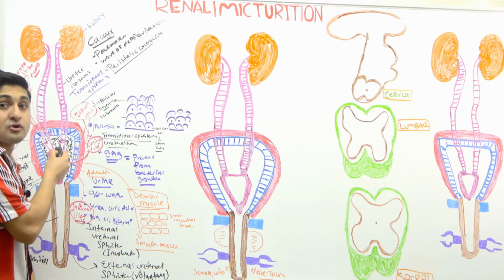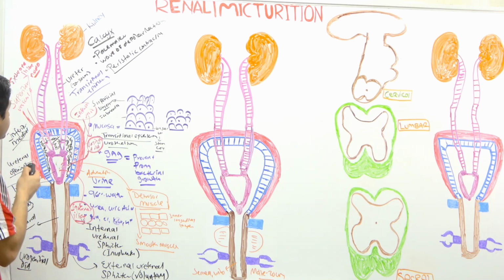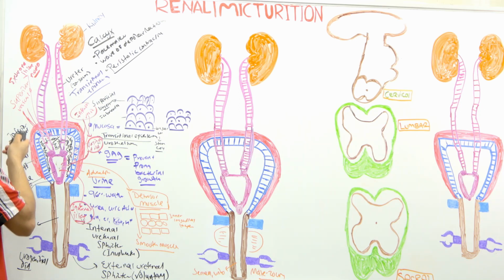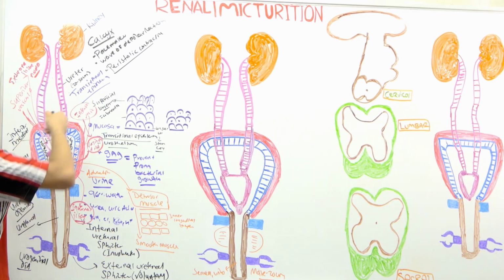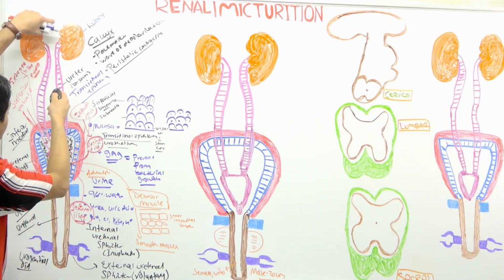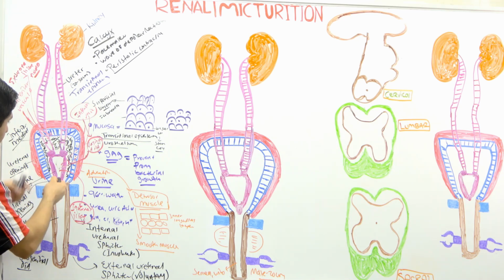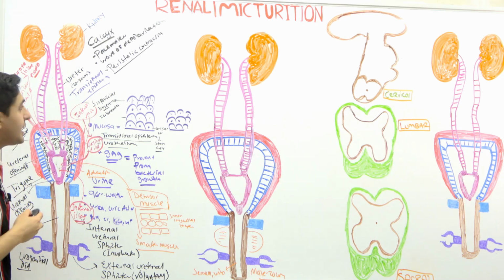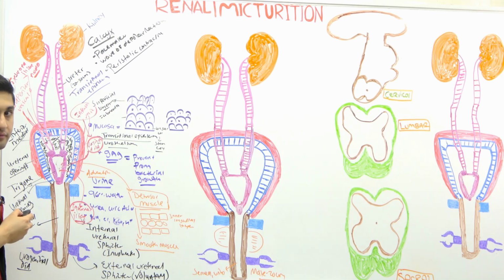Also remember, gravity plays a role here. So whenever this peristaltic contraction is occurring, it causes the urine to move through this ureter from the kidney to the bladder. And this is the process of the peristaltic wave of contractions.